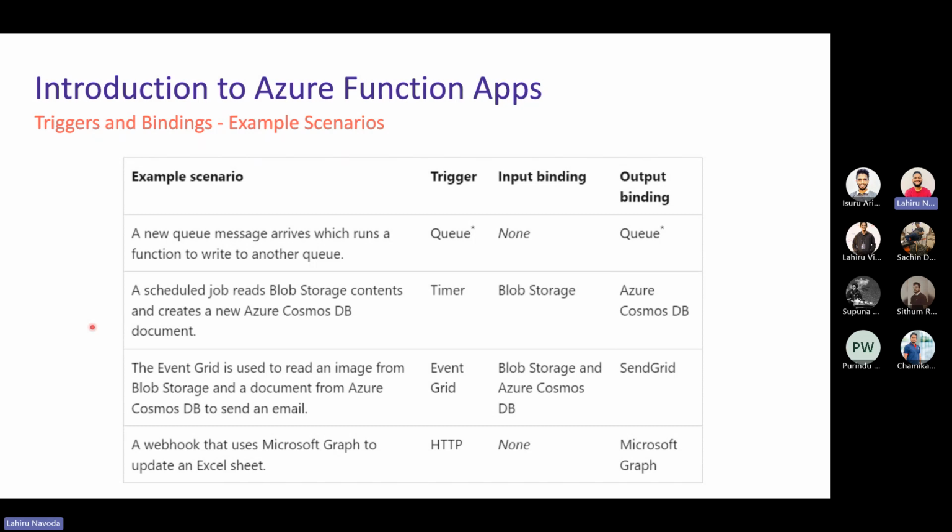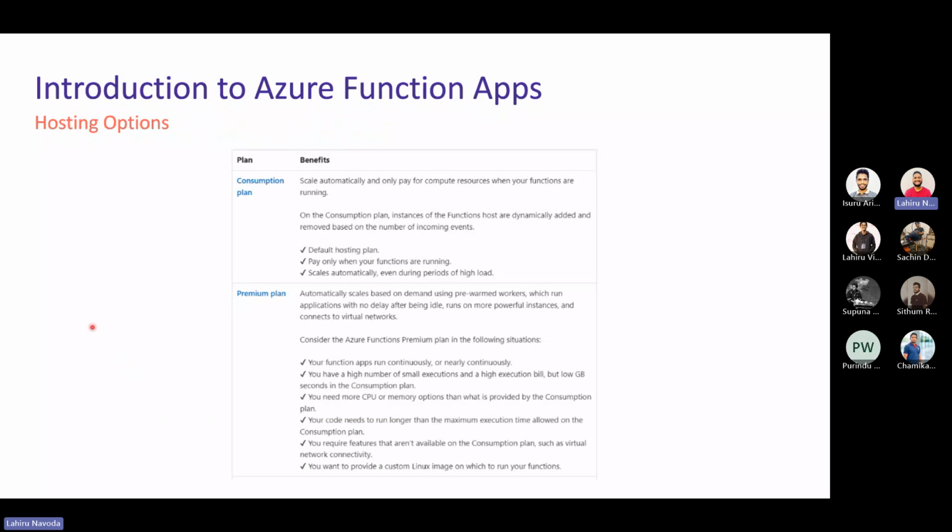Then let's move to the hosting options. When it comes to Azure Function Apps, we are hosting this resource in the cloud in Azure. So when it comes to hosting, we have a couple of hosting options. I think you had the chance in the App Services session to learn more about these hosting options.